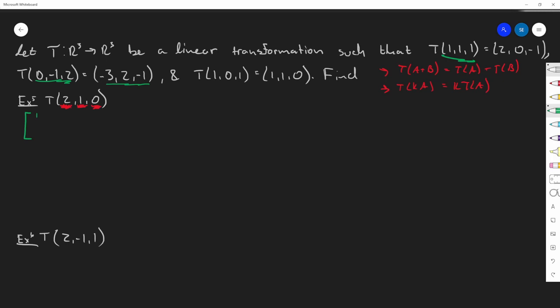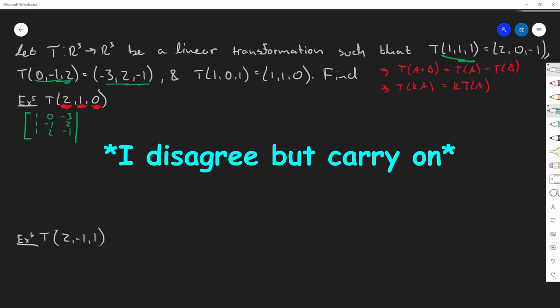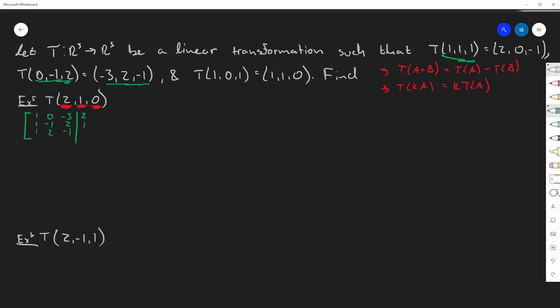So this would be 1, 1, 1, then 0, -1, 2, and then -3, 2, -1. And on the other side is what we are trying to find, so it'll be 2, 1, 0. What we have to do now is put this in row reduced echelon form. When we do that, we get our k values that we multiply on each function we were given, add them all together, and there goes our answer.